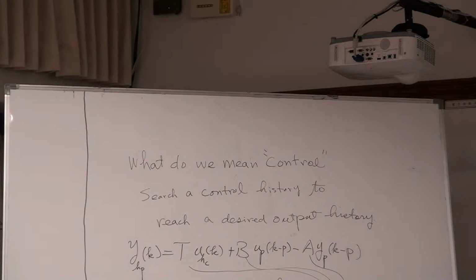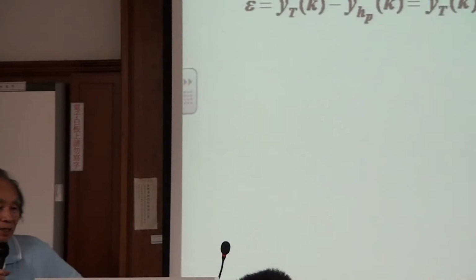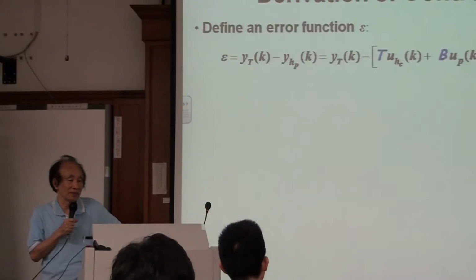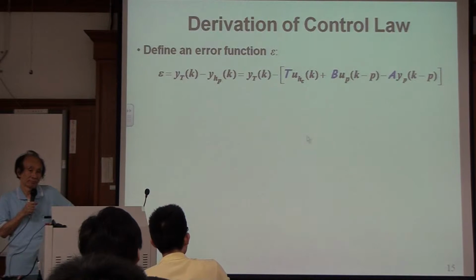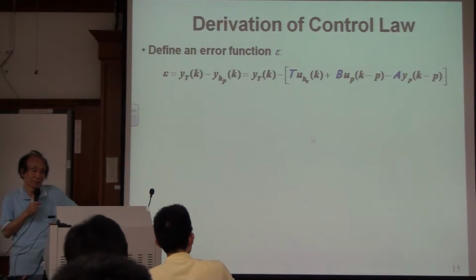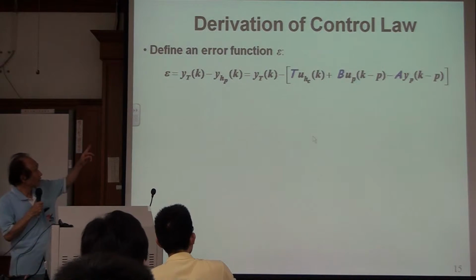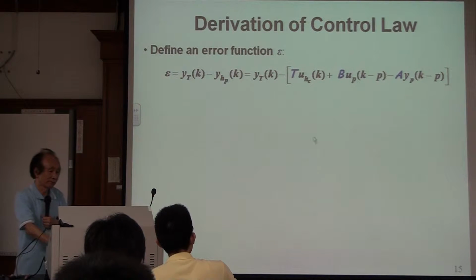Okay. Now let us define an error, Y t minus Y hat PK, where Y t is my desired Y P.